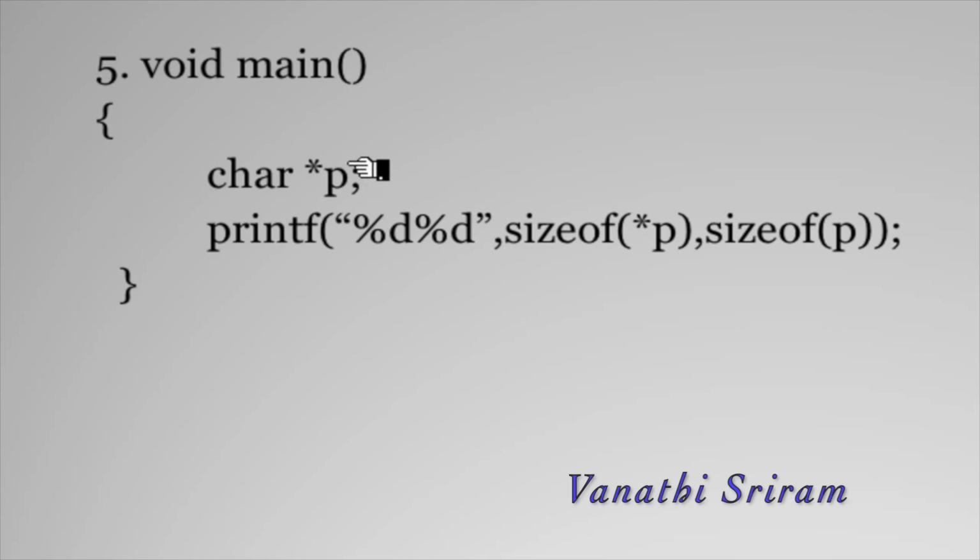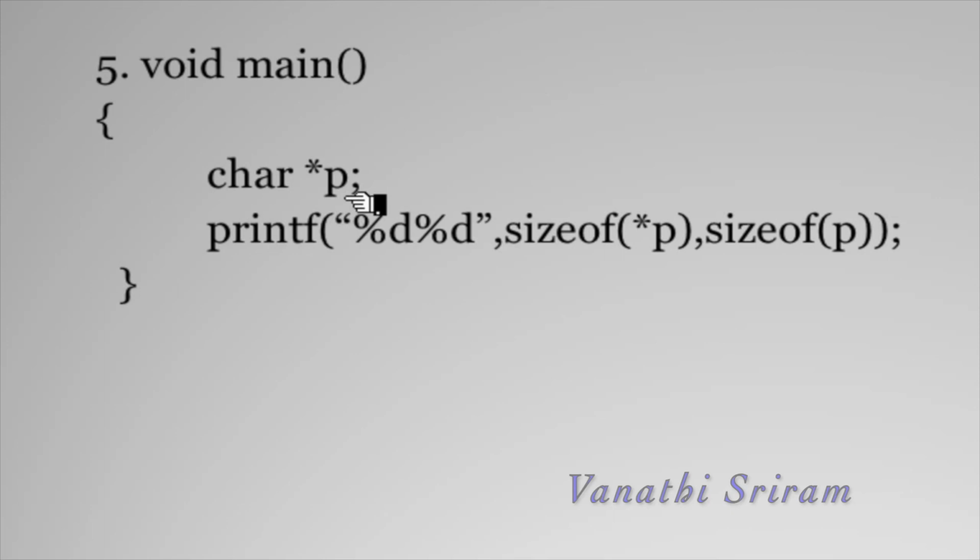So though it is declared with the keyword char, as it is going to hold the address, the size will not be 1 here, because an address should be in the form of an integer, so it will take a minimum of 2 bytes or 4 bytes. So we can tell here the size of p will be either int or long int, because p is a pointer variable which is going to store the address of another character variable. Hope you got the point.